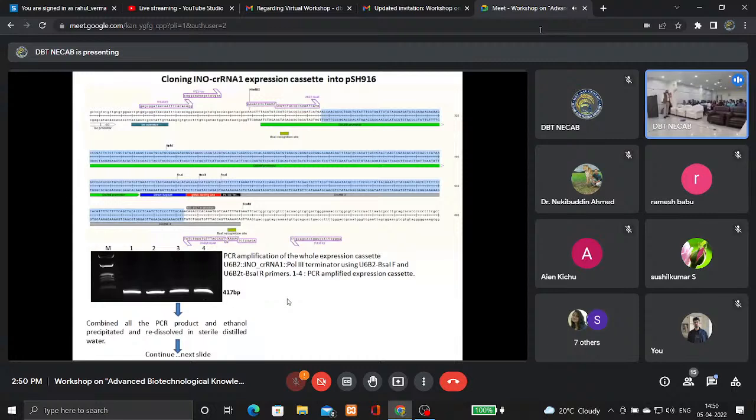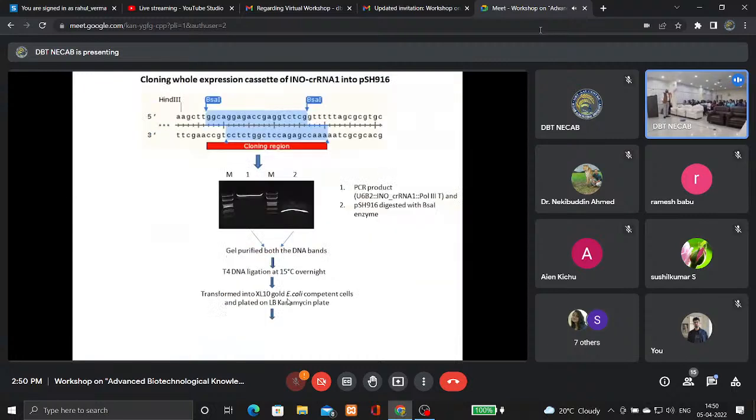We combined all the PCR products since they are all the same. Then finally we need to clone this whole expression cassette back into 916. This is the expression cassette, and again it contains the BsaI site, as I said. That's binary vector 916, which contains your Cpf1 endonuclease, hygromycin selectable marker gene, and other things, including your T-DNA left border and right border.